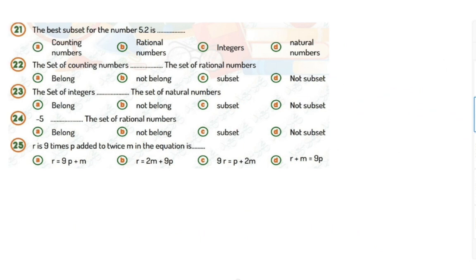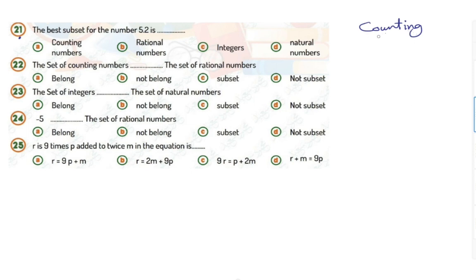Let's go. Question number 21 of the choose questions. The best subset for the number 5.2 is what? Counting, rational, integers, or natural numbers? When you find a question like this one, I know I can arrange the number sets from the smallest group to the greatest one.